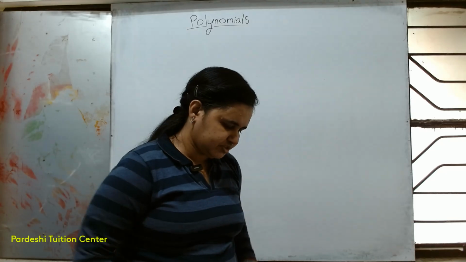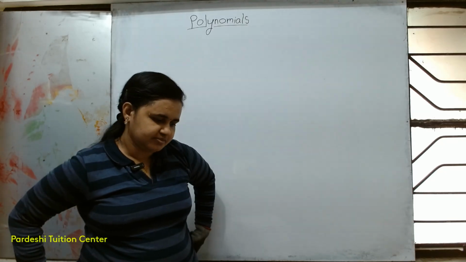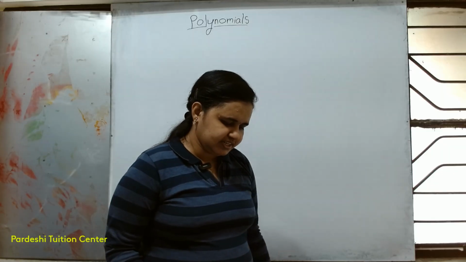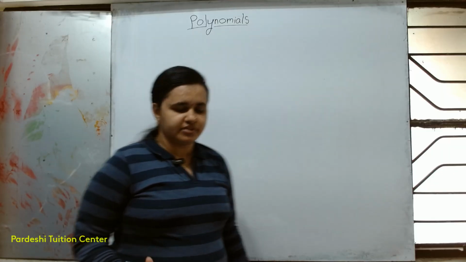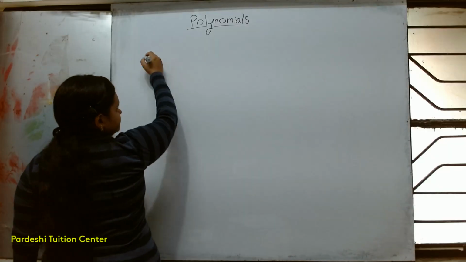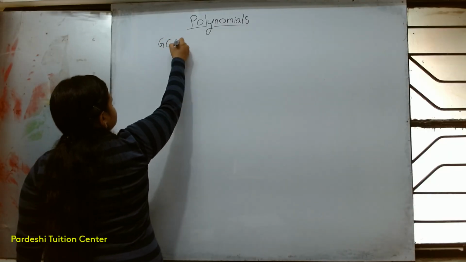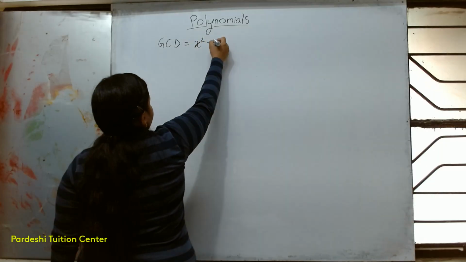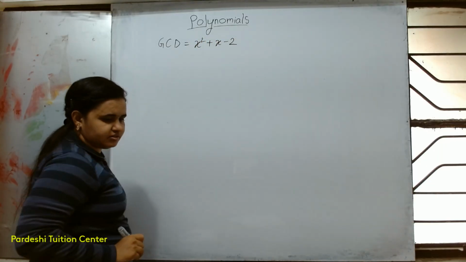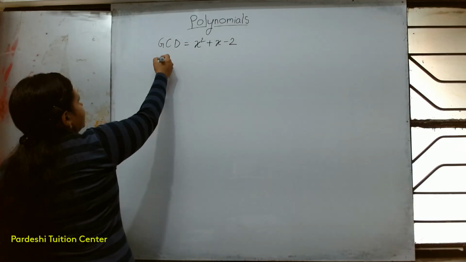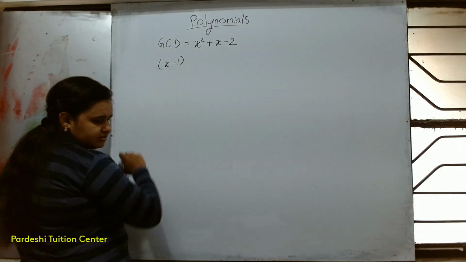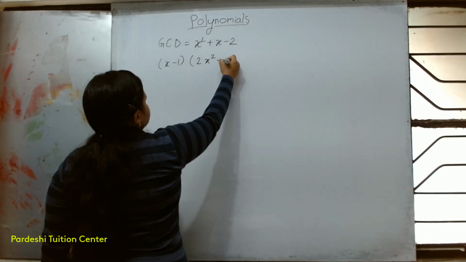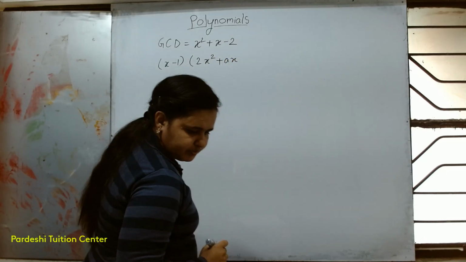Now the 17th question. If x square plus x minus 2 is the GCD of two expressions given, and their GCD is given. The first expression is x minus 1 times 2x square plus ax plus 2.